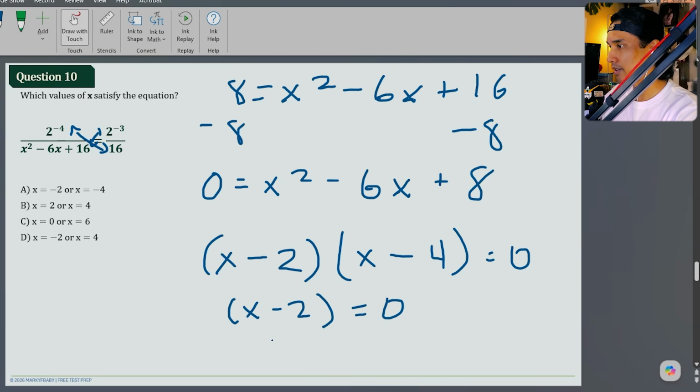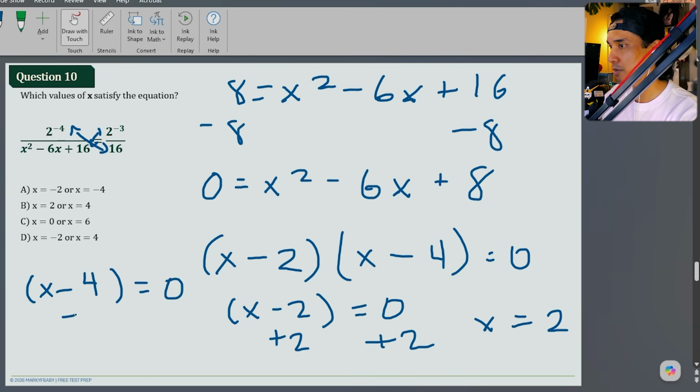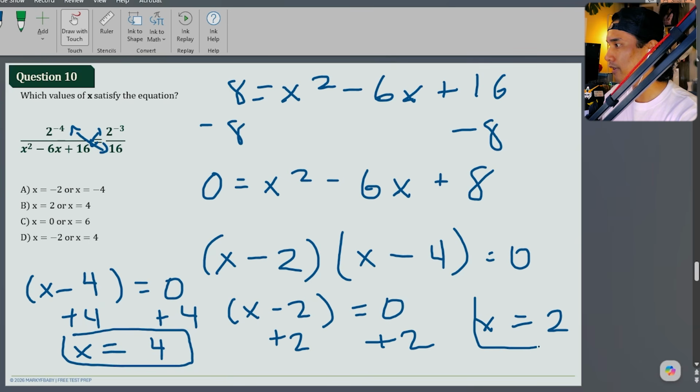That's it. Plus 2, then you get x is equal to 2. And for x minus 4 equals 0, plus 4, you get x is equal to 4. So these two values of x satisfy the equation, and that is answer choice B.